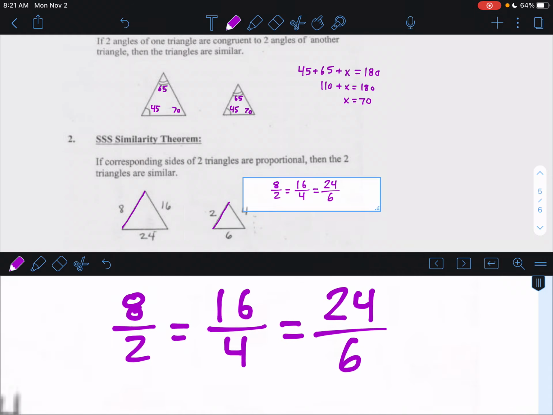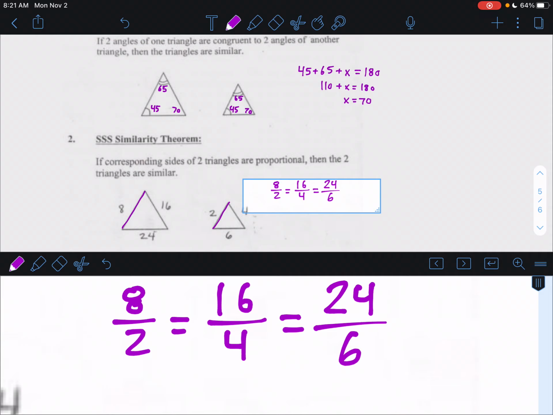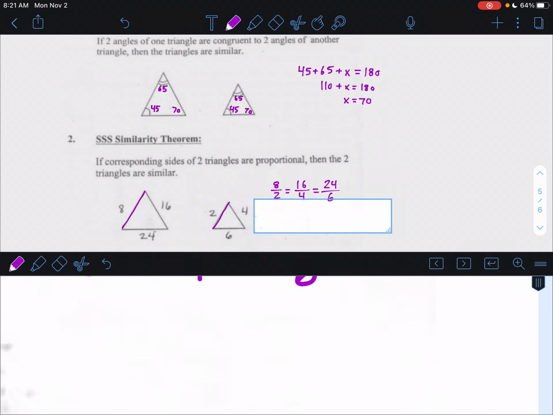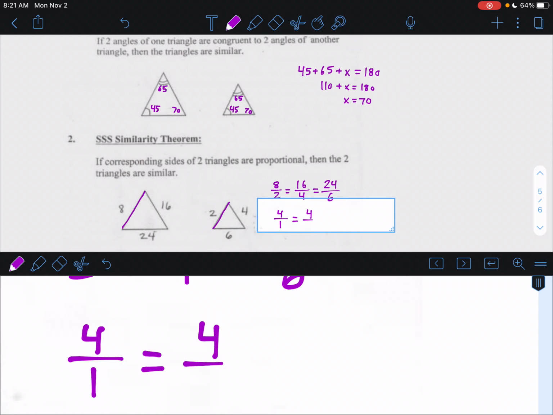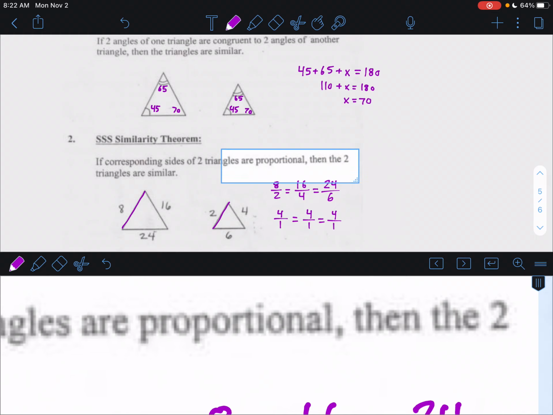But regardless, 8 over 2 reduces to 4 over 1. 16 over 4 also reduces to 4 over 1. And 24 over 6 also reduces to 4 over 1. Since I got the same value each time, then I know that they are 2 similar triangles.